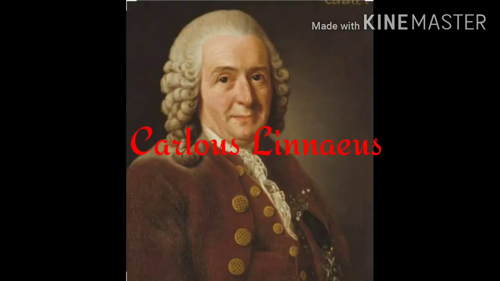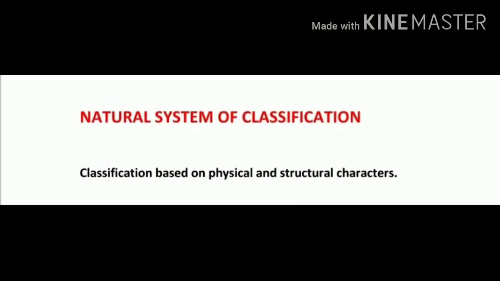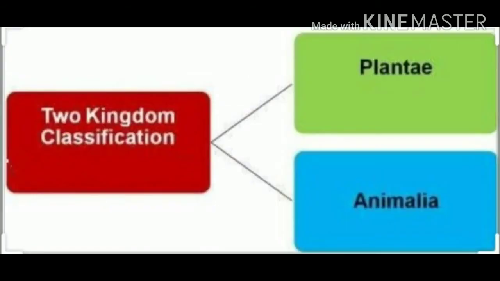What does the term natural system of classification mean? The natural system of classification was based on both physical and structural characters, that means what we see, and their internal characteristics. Using this method, Carlos Linnaeus introduced the two kingdom classification.